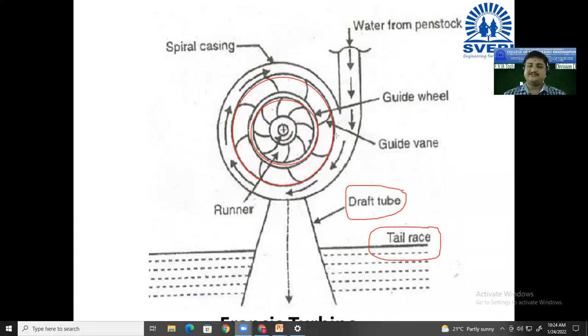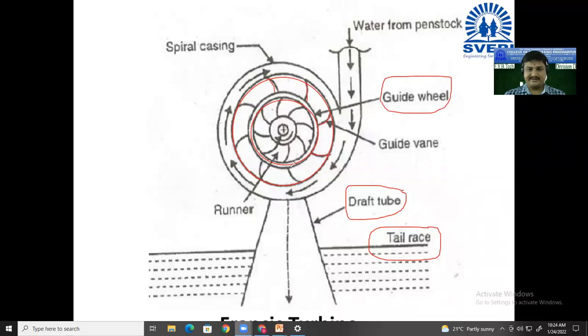And that wheel is known by the name of guide wheel. Sorry. So this wheel is called the guide wheel. Guide wheel. And here there are some vanes attached in between these two circles.